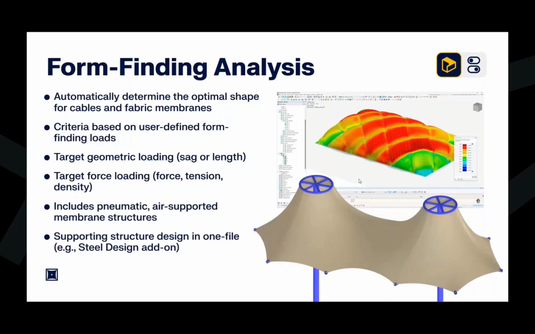Now, not only can we do fabric tensile structures, but also pneumatic air-supported membrane structures, such as you see over here on the right-hand side, are also possible with this add-on. And again, emphasizing that this add-on is not just specific to the fabric membranes, but we can pair this with the steel design add-on to get the supporting structure design.